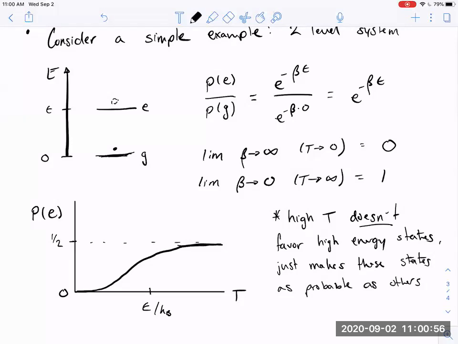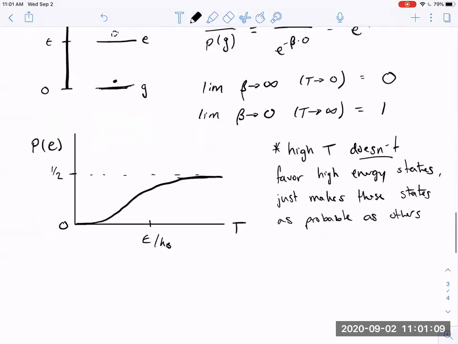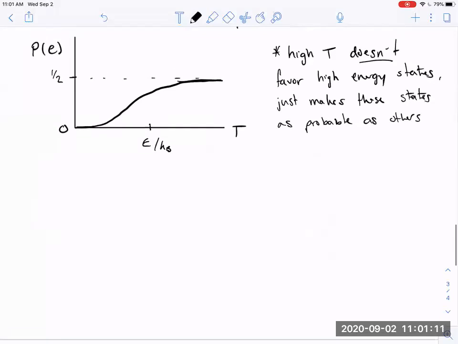So it's not that we get a bias towards high energy as we increase the temperature. Rather, we just reduce the preference for low energy states. And the relative scale to compare temperature to are the relative energy gaps, the energy differences between states.